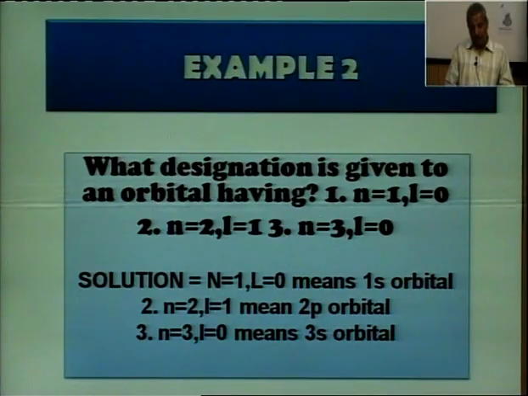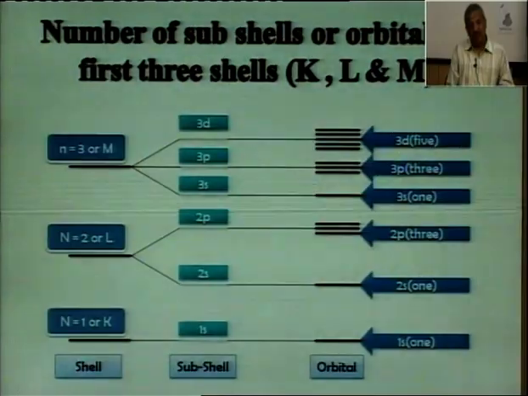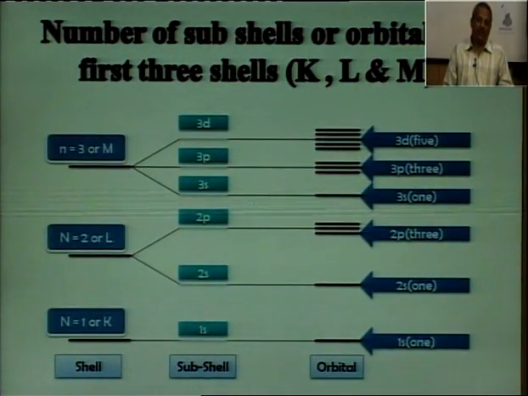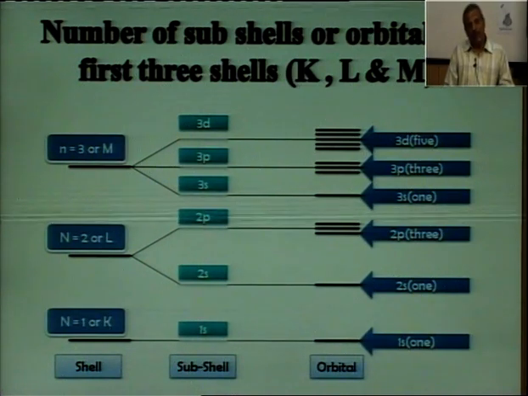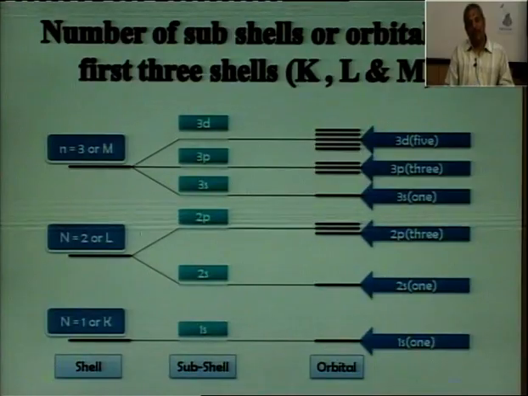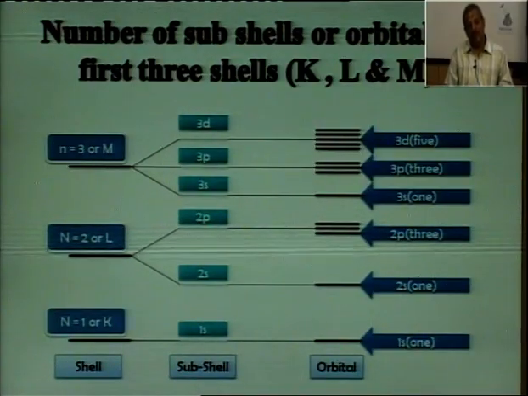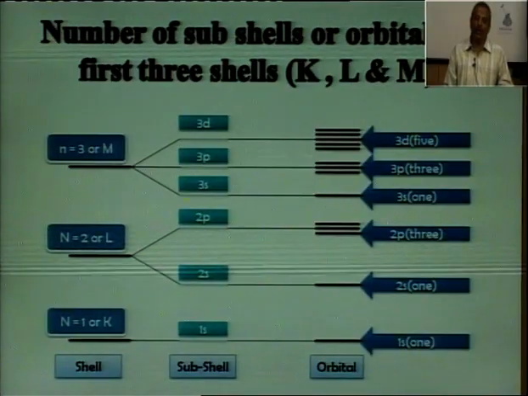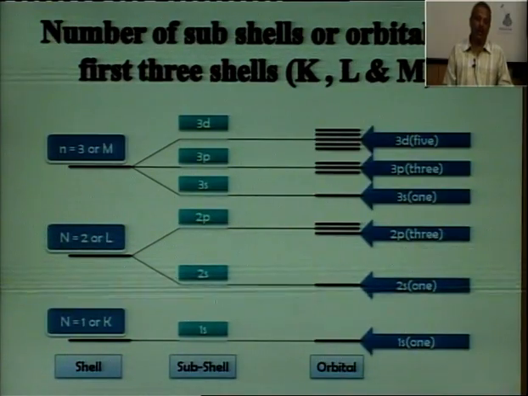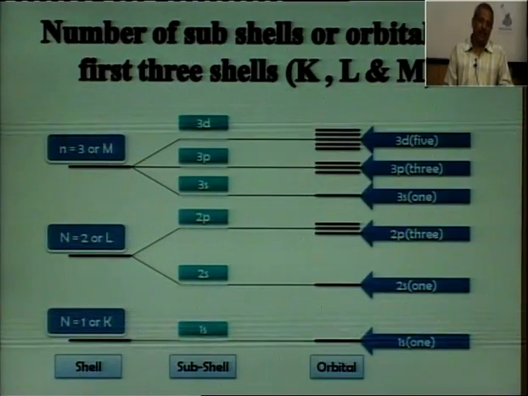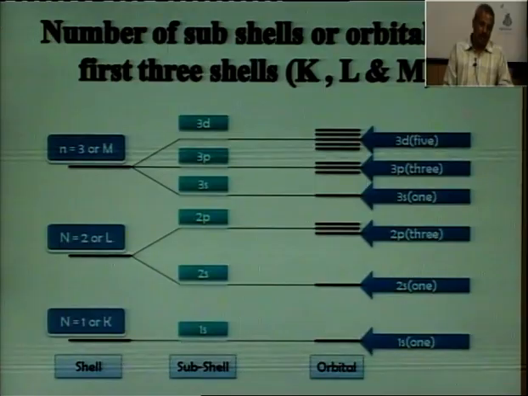So, in the next slide, this is the main energy level diagram. If n is equal to 1, then there is no other subshell. The electron is present in the 1s orbital. If n is equal to 2, then there are two levels.